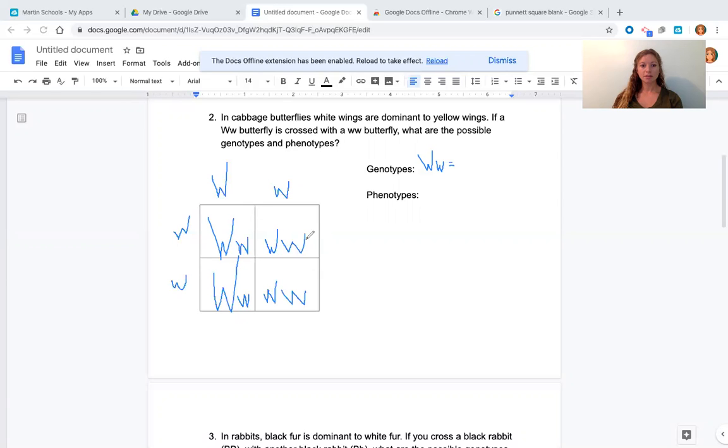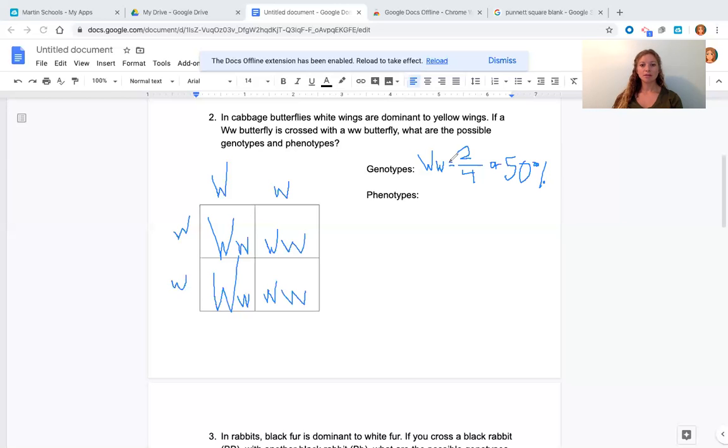I have 4 possibilities here. 2 of them came out to be heterozygous. 2 out of 4, or what do we call 2 out of 4? What percentage? 50%. Okay, so there's a 50% possibility of my genes being heterozygous.